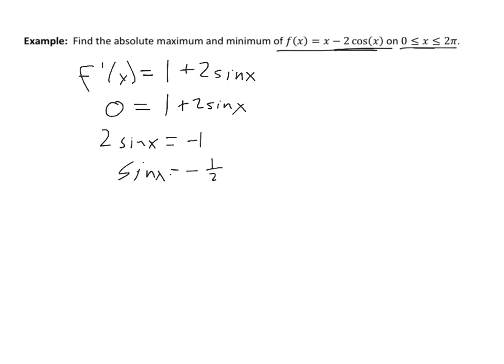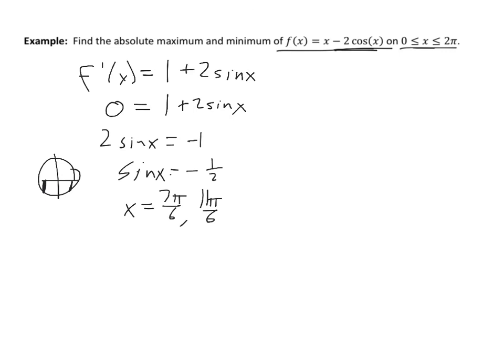Then if I think about my unit circle, sine being negative a half would be here and here. That looks like it's 7 pi over 6 and 11 pi over 6. Now, it's kind of good news here. We don't actually have to test whether these things are maxima or minima. I'm just trying to find the absolute max and min.